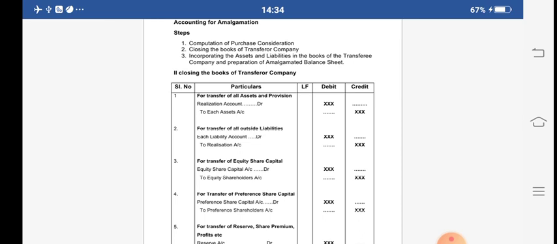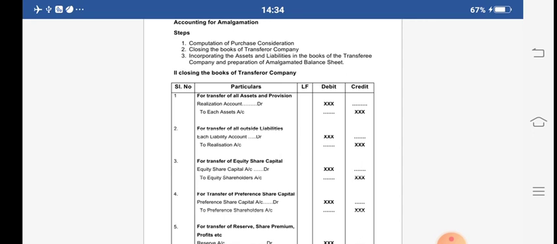The journal entry is: realization account debit, to each asset account credit. Like this we have to transfer the entry.